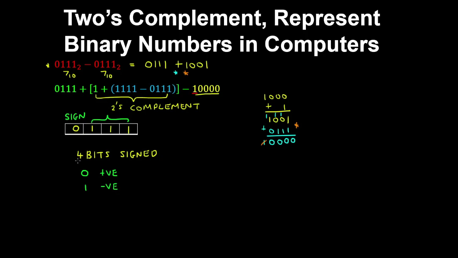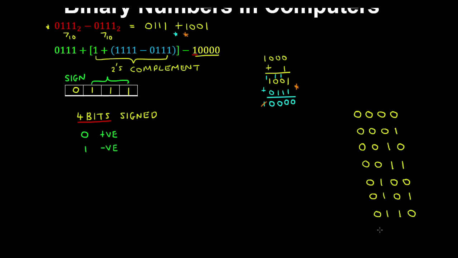And now using this nibble, which is 4 bits, we can represent the following numbers in memory. So we have 0, 1, 2, and so on. So what we've done is represent the numbers from 0 to 7.